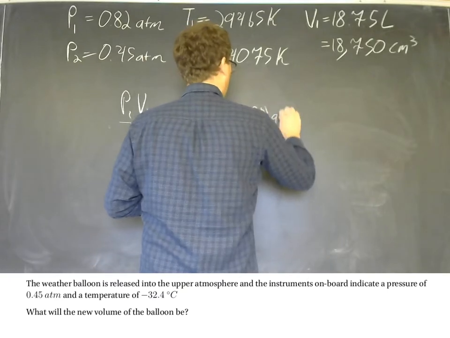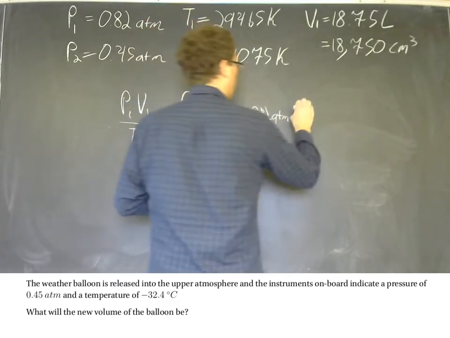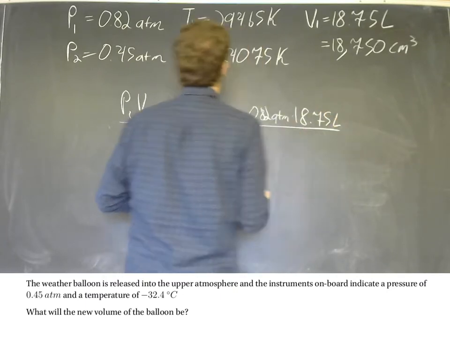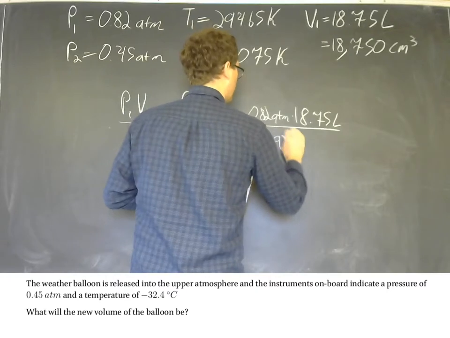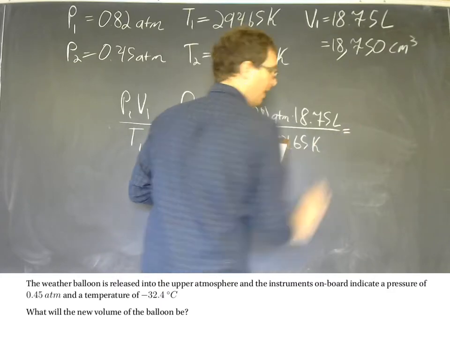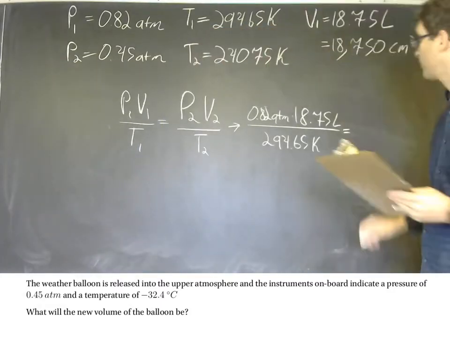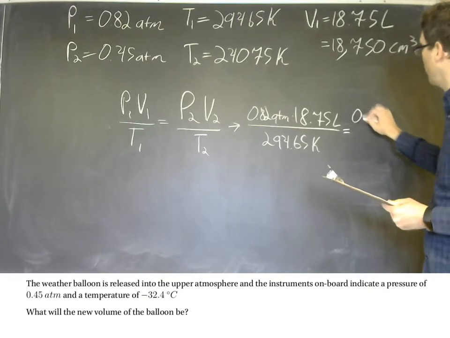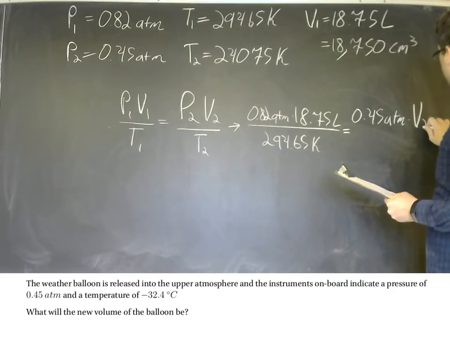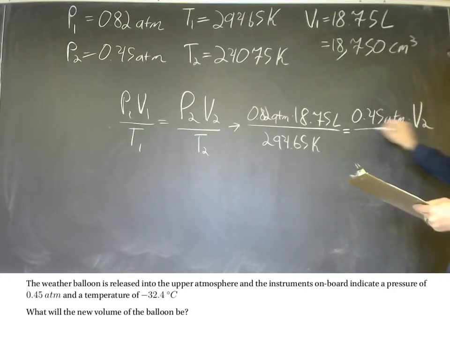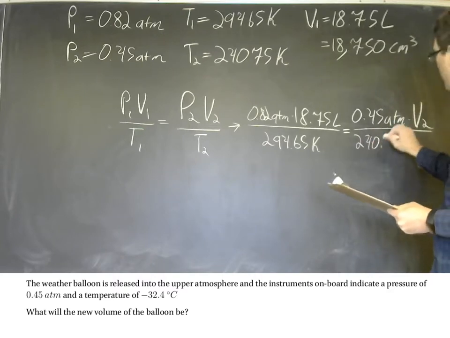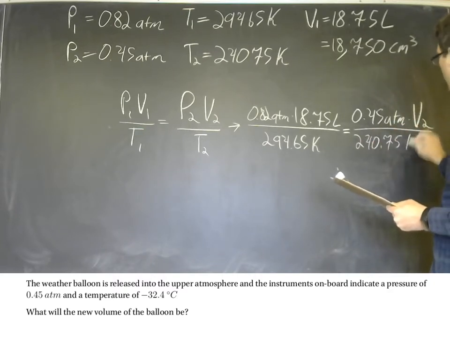So we can start to put values in here. 0.82 atmospheres times 18.75 liters divided by 294.65 Kelvin. That should equal our P2 of 0.45 atmospheres times V2, the unknown, divided by 240.75 Kelvin.